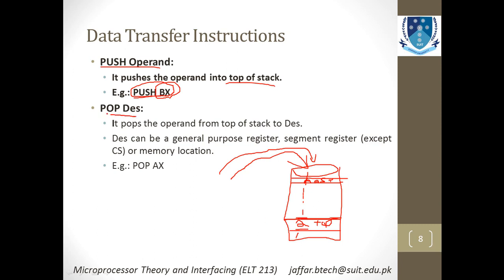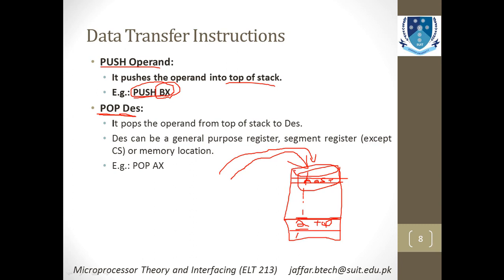Similarly, there is another instruction, POP. If you want to take out the top data, because you cannot directly access the last data since this is a closed vessel shape, you need to apply the POP command. This will remove the top data stored in the stack.